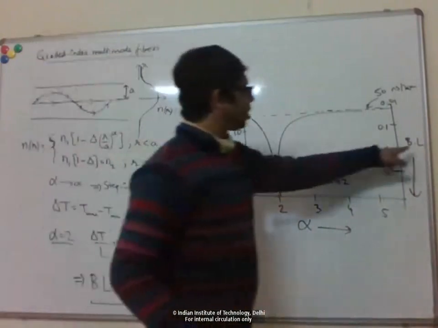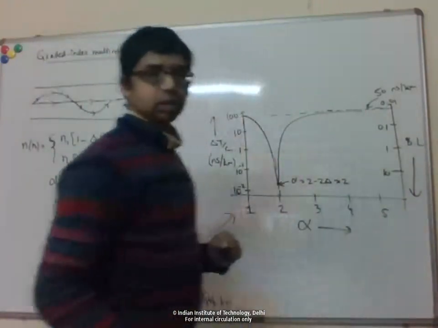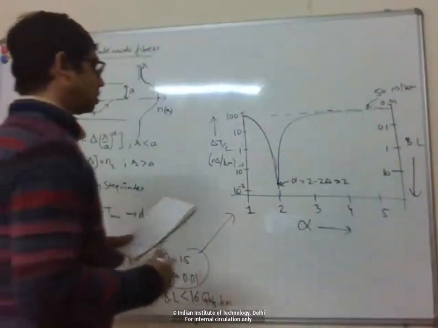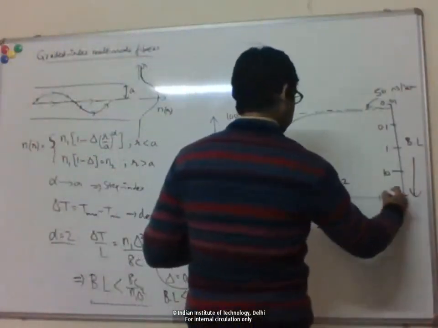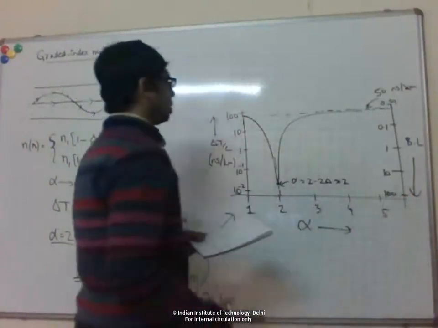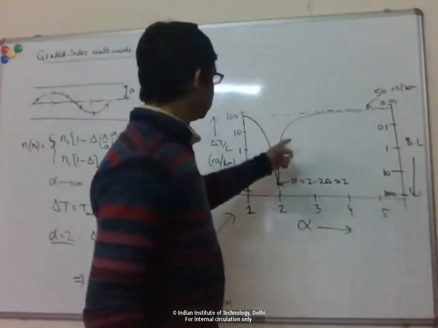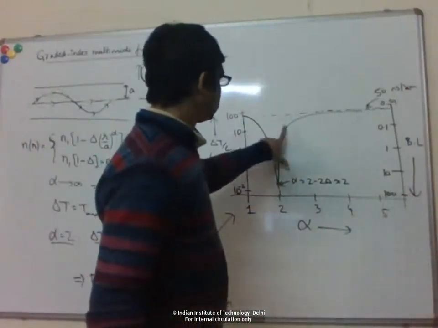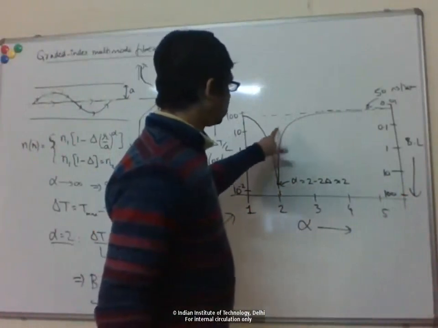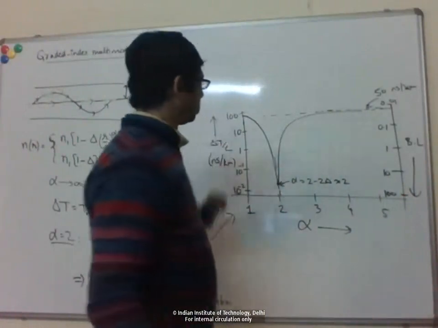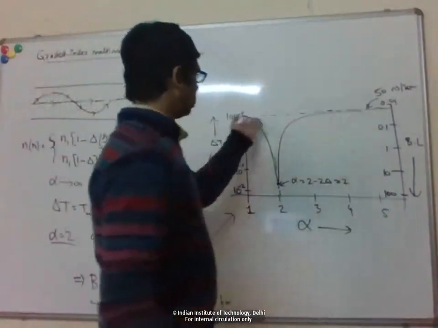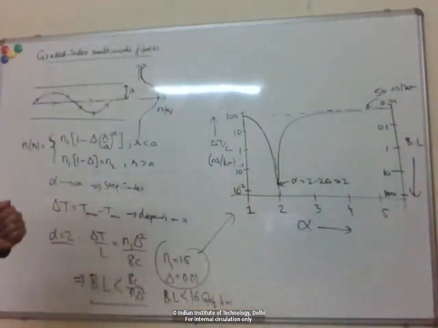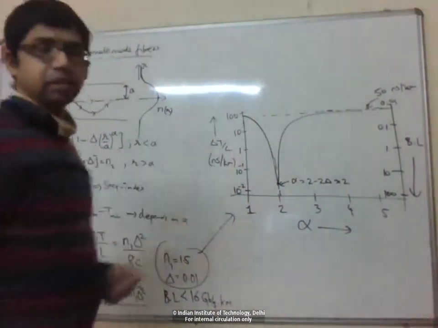So higher dispersion means lower values of bit rate times length. You can see about 3 orders of magnitude improvement with a square law as opposed to a step index or any other kind of profile.